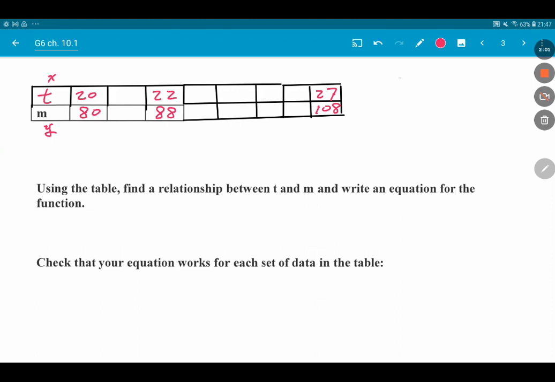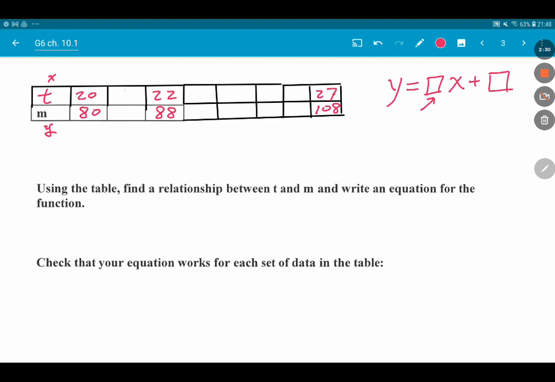Remember the pattern, or the formula, will be like this: y equals something x plus something. In order to find the first box, we need to expand the table to make sure that x, or t in this case, is only going up by 1.